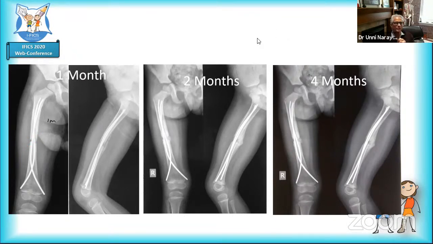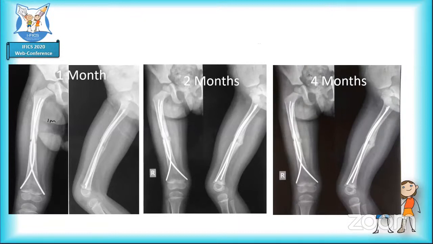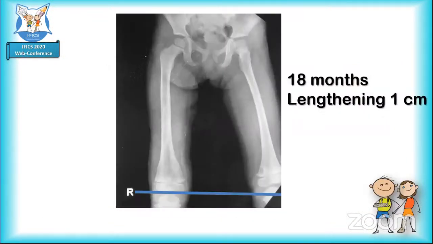as you're pointing out here. But there is a distraction at the fracture site, and this took a very long time. A 3-year-old child put in spica, the fracture would heal in 6 weeks' time. But this has gone on for almost 4 months, and it doesn't show signs of healing yet. And when it finally healed and the implants were removed, you can see there is a lengthening of a centimeter at 18 months.